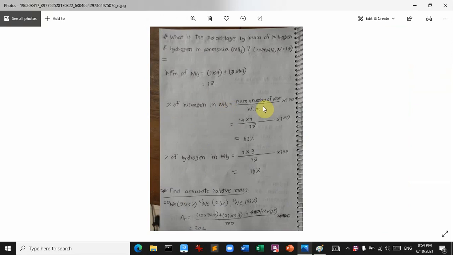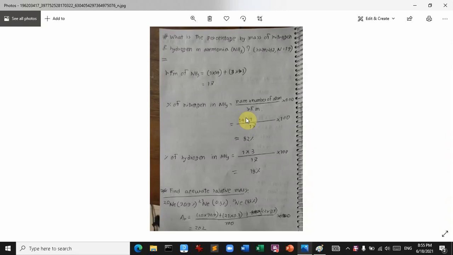We multiply the molar mass of nitrogen with the total number of atoms, divide by the total molar mass of the whole molecule, and after that multiply by 100, because our result will be a percentage.